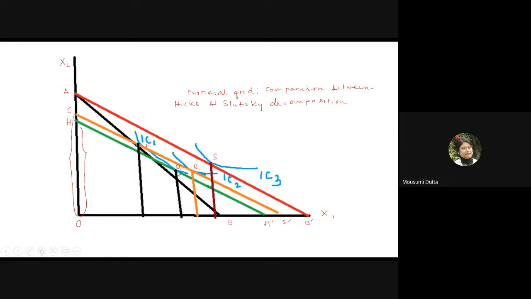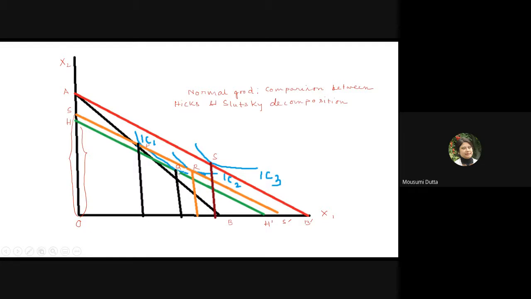As X1 is becoming cheaper, the consumer is consuming more of this commodity, reducing consumption of X2 a bit and increasing consumption of X1. So this movement from P to Q is because of the substitution effect.